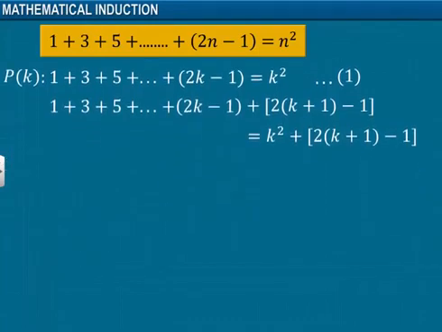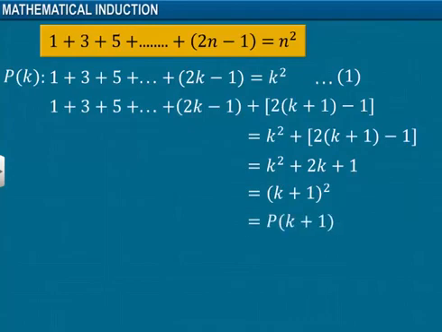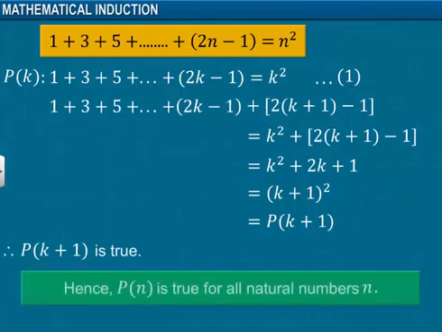On simplification, the right side of the equation becomes k plus 1 whole squared. This is equal to P of k plus 1. Therefore, P of k plus 1 is also true whenever P of k is true. Hence, P of n is true for all natural numbers n.